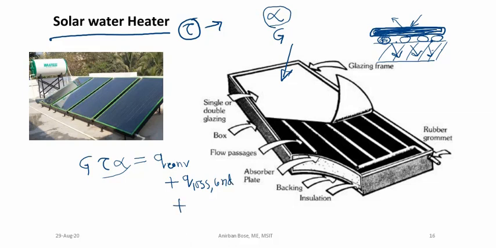And what else? Definitely some of the energy will again radiate out from that surface. This re-radiation also takes place from the surface because of its temperature. So again, Q loss by radiation is also present in the situation.